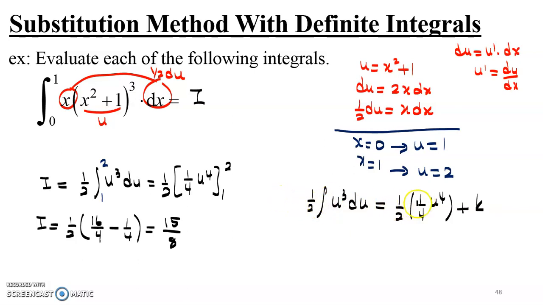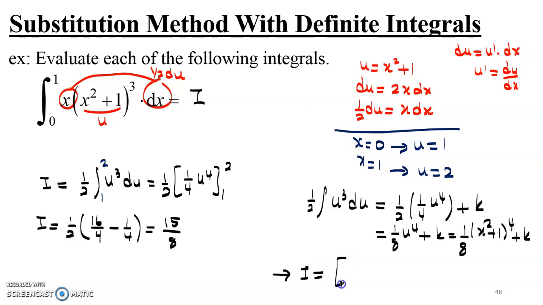So we'd work with the indefinite integral, and we'd look for the antiderivative. That is 1/8 u to the 4 plus k, which is 1/8 (x squared plus 1) to the power of 4 plus k. So now that I have found the antiderivative in terms of x, I say then I is equal to that antiderivative between 0 and 1.